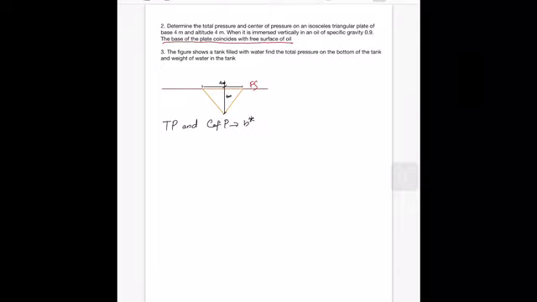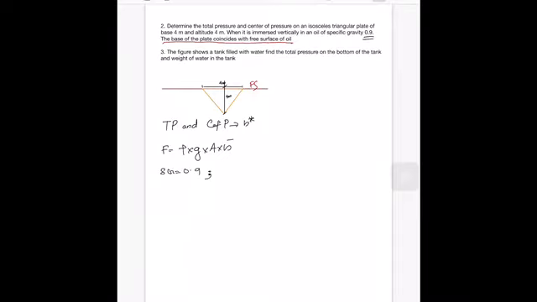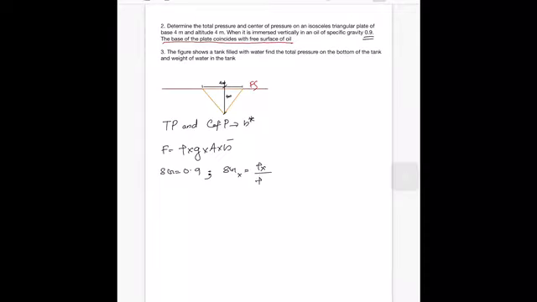So let us write the equation for total pressure. Total pressure F equal to rho g A H bar. Now let us find out the rho. Specific gravity is given as 0.9. From the basic equation of specific gravity we can write specific gravity of X is rho of X by rho of standard liquid.